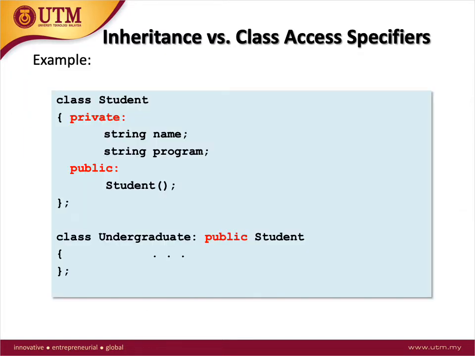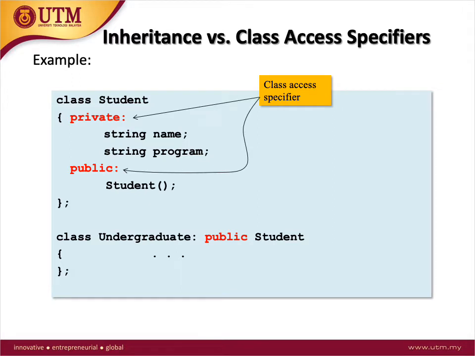Here is the example in the code, showing how you implement the class access specifier. If you look at this, here in the class Student are the class access specifiers. The private and public we call the class access specifier, which can be accessed within that class, the class Student.